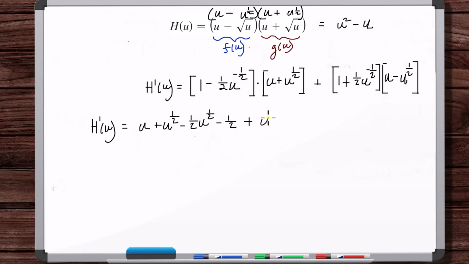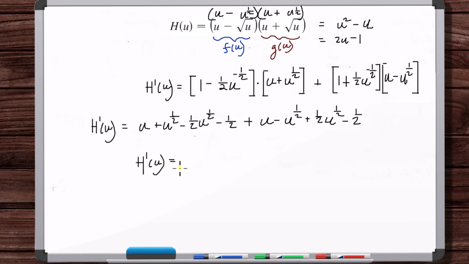Plus, let's distribute this here, so u minus u to the 1/2. Well, we know the answer is going to be 2u minus 1 if we just do this derivative, but okay. u minus u to the 1/2 plus 1/2 u to the minus 1/2 times u to the first, 1/2 minus 1/2, just like that, u to the 0.